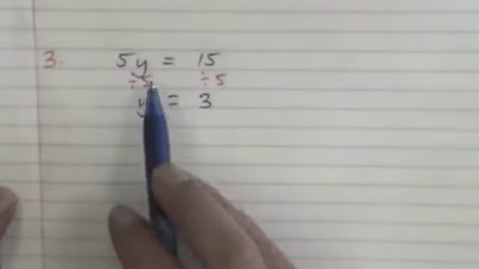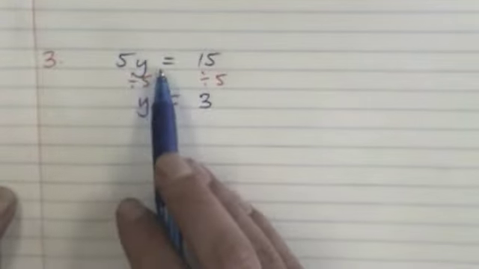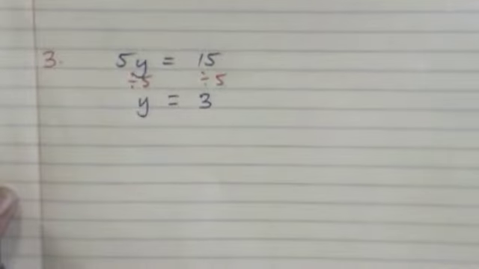So in other words, how many 5's are in 15? That's 3. So y equals 3. Now let's put this back into the original equation and see if it works. 5 times 3 equals 15. Yeah, that's right.